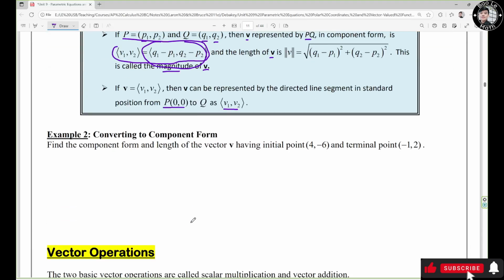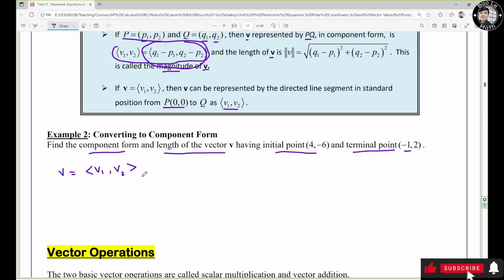Alright, now let's take a look at the second example. Find the component form and the length of the vector v having initial point right here and terminal point right here. So you have vector v is (v1, v2).